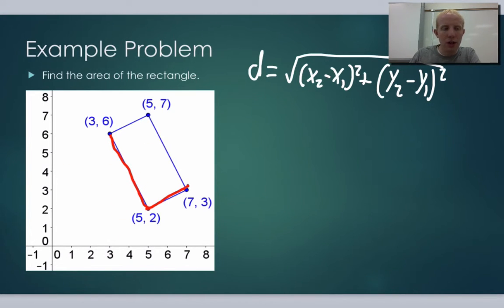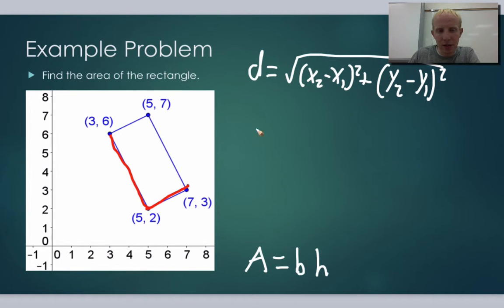I'll just write it down here to remind ourselves: area equals base times height. We need to find the base using the distance formula. So we've got the points 5, 2 and 7, 3.